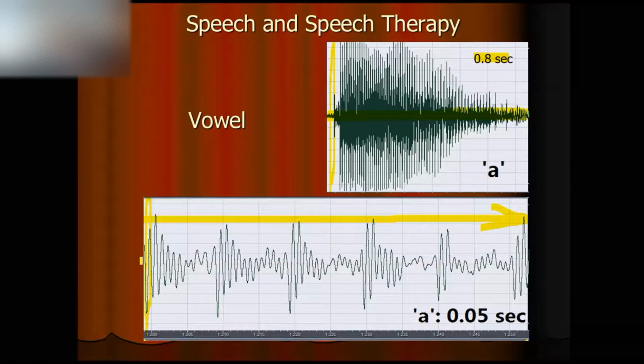So we can see the air particles vibrate in a regular pattern repeatedly. Remember the duration of this is 0.05 seconds. So this is the zoomed-in picture.